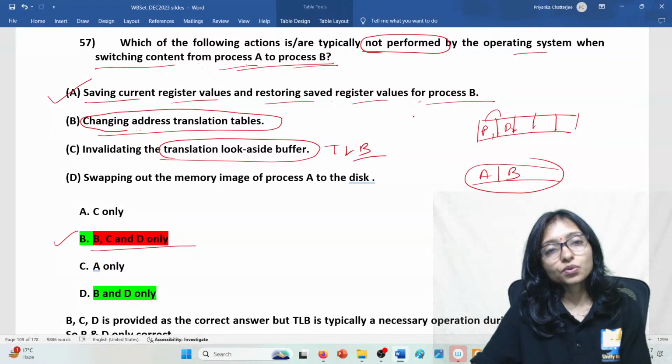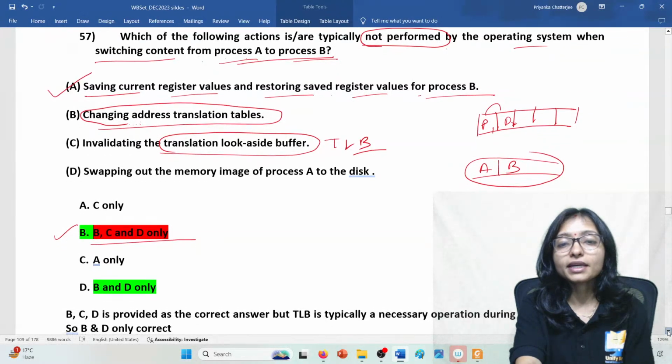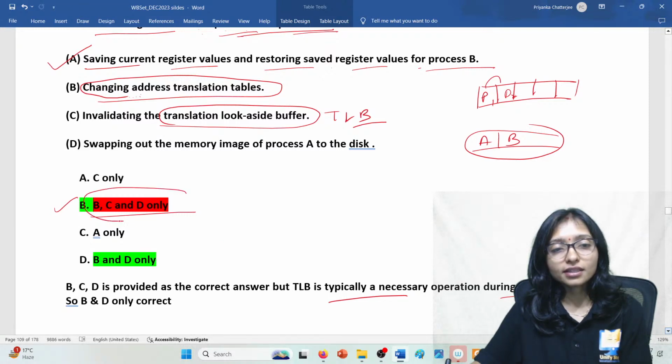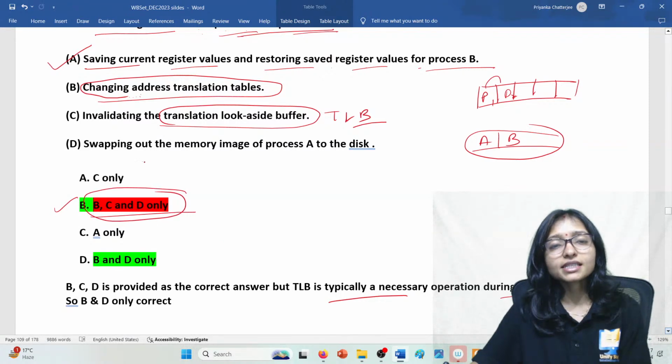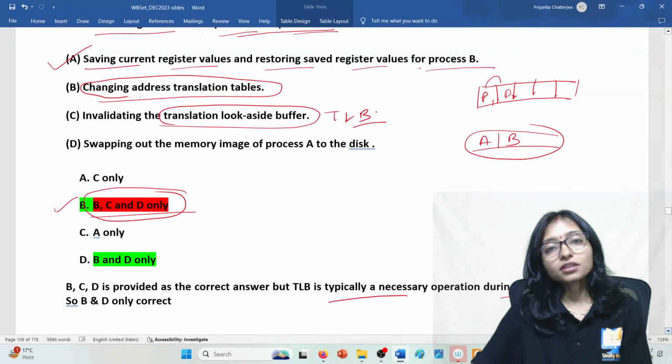But whenever the switching is going on, the TLB handling is typically a necessary operation during the context switch. So although the official answer key has given this, as per my understanding, and I also searched, I am telling you this is actually required.